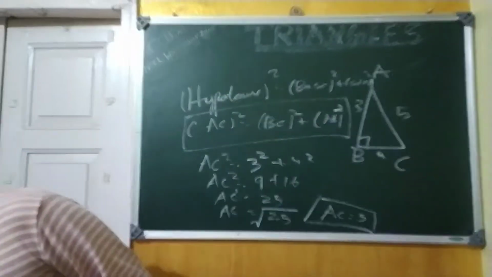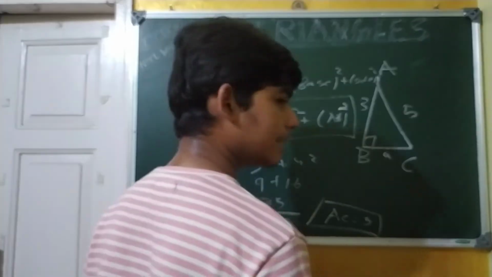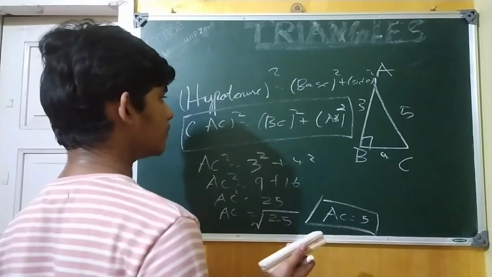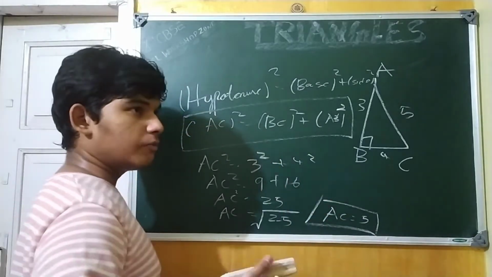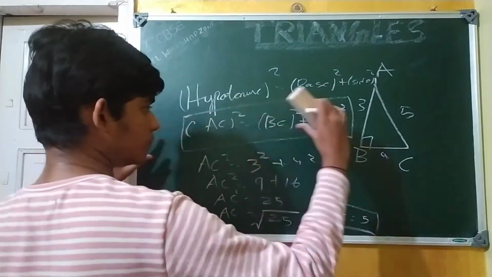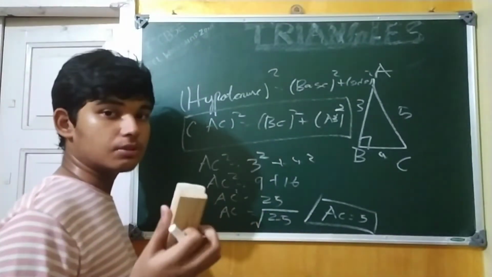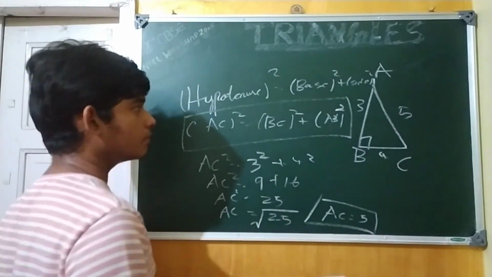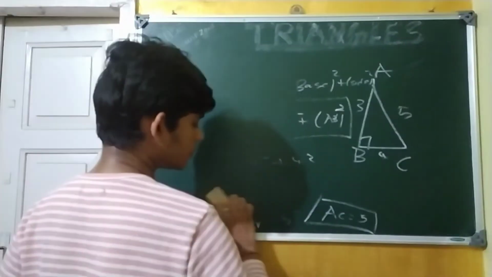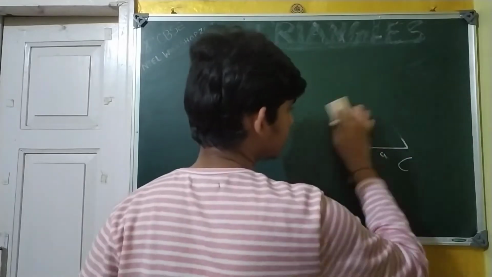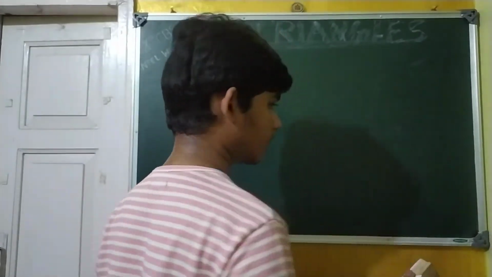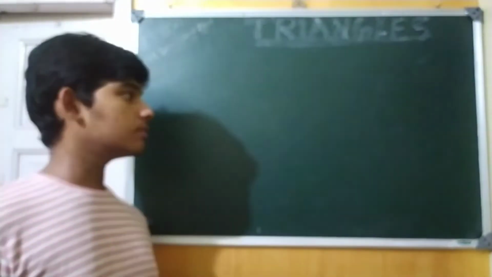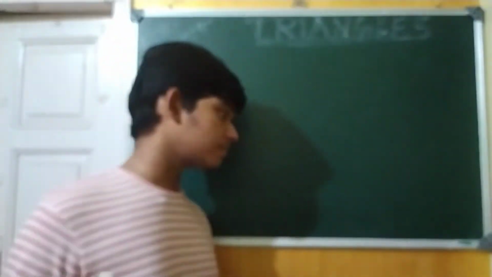Now, let me take this eraser really quick. Now let's actually try to prove it. Because we are doing all of the sums, we obviously need an explanation for why we use this formula, right? To prove that this formula is correct, we need another theorem.